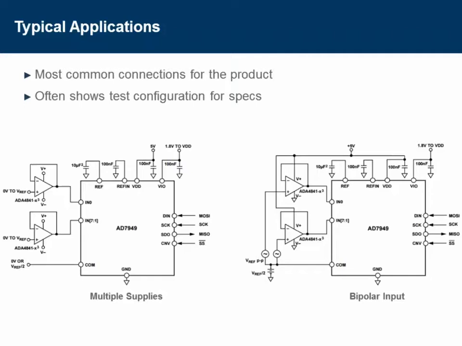One thing to note is that we test all of these. We build all of the typical applications, and we test them on the bench to make sure they function the way we say they do. We do not do full industrial testing on them. In other words, we don't test these over temperature, or under various environmental conditions, or with values of resistors that would be out of tolerance.